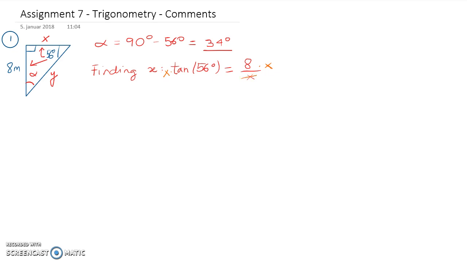So on this side it cancels, and then we will be saying that x times tangent of 56 is equal to 8. But we want x alone, so we divide both sides by tangent of 56.